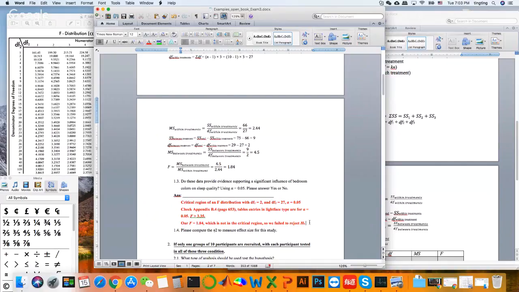So when your statistic value is not in the critical region, you fail to reject H0, which means the effect is not significant.